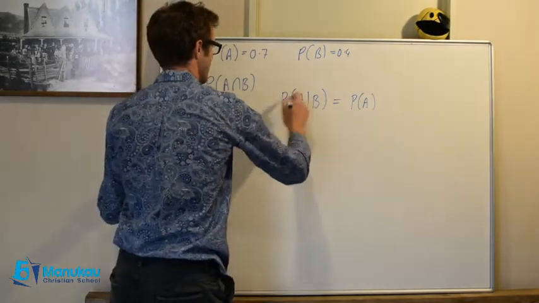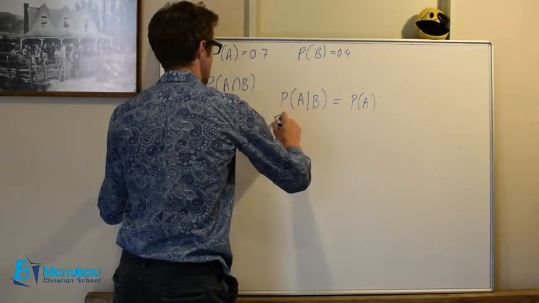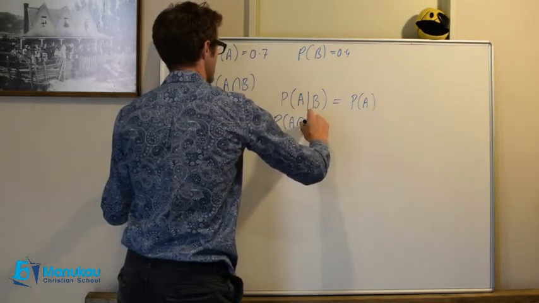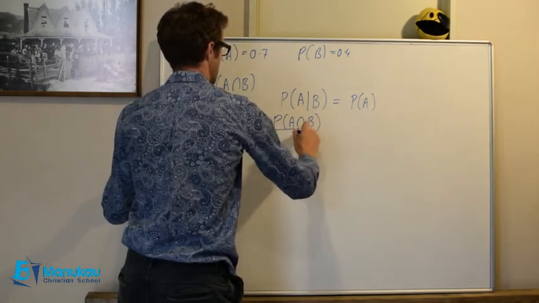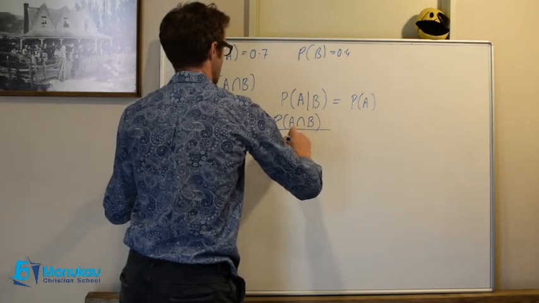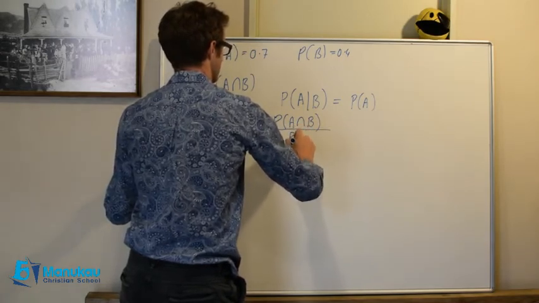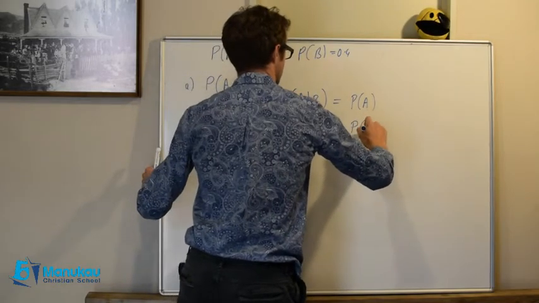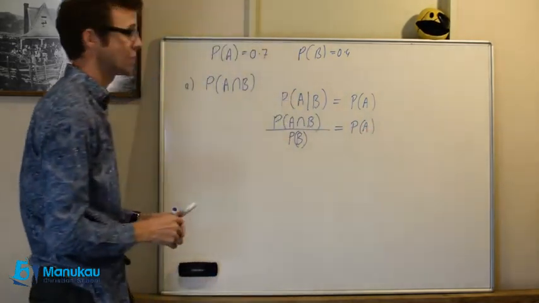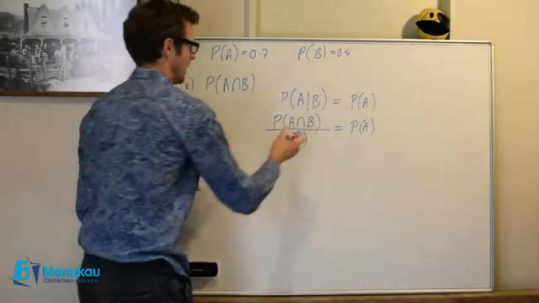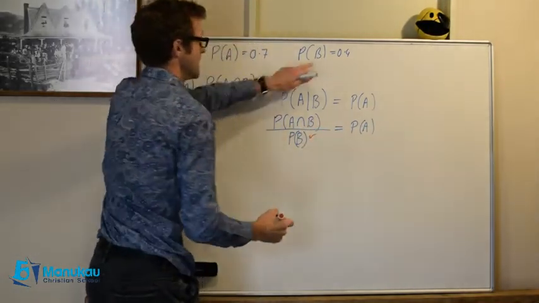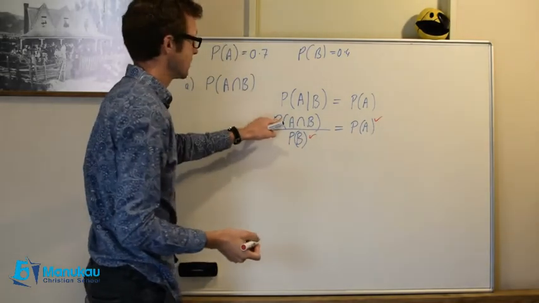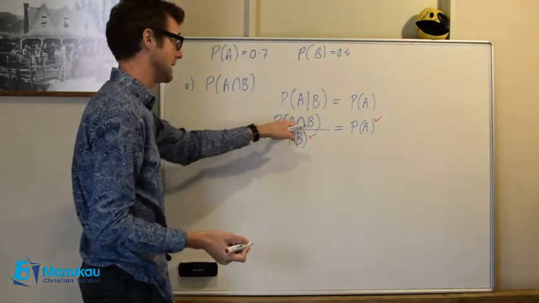And we know that this is equal to the probability of A intersection B over the probability of B. Now, what do we know here? We know the probability of B, and we know the probability of A, but we're trying to find out the probability of A intersection B.